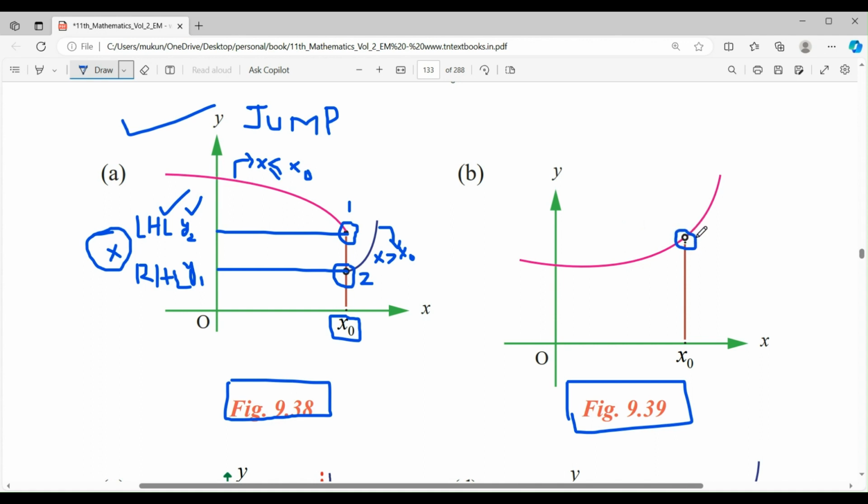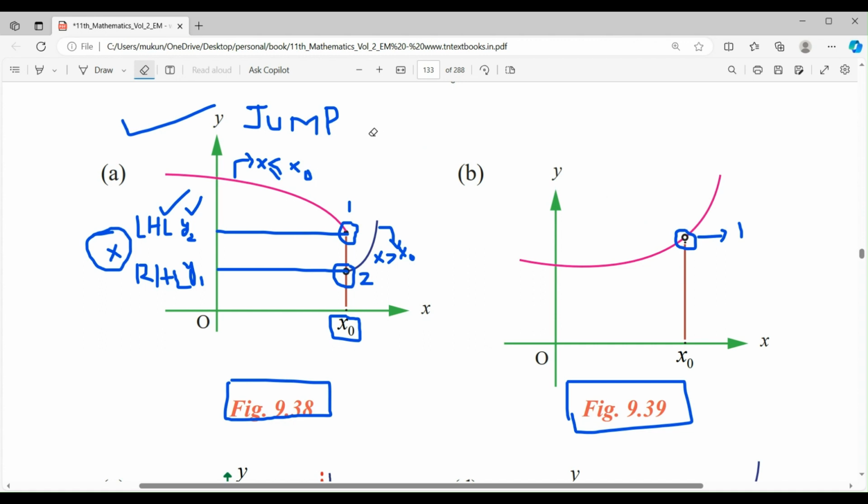Which I'm just circling out for you and I'm just calling it 1. It means this particular function is undefined at x naught, right? We will not have to worry about the reasons, but it's undefined at x equals x naught. And so I do not have an f at x equals x naught, right?